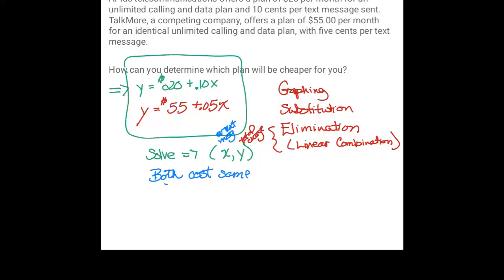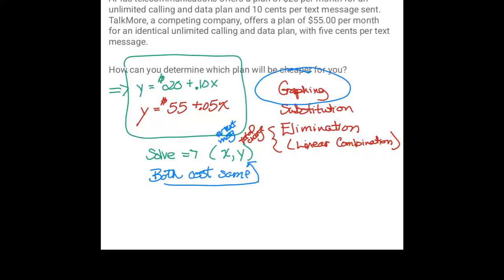That is not helpful to me though, right? That's where they're going to cost the same, where they intersect. So which of these methods do I probably really want to use to see which one's going to be cheaper? Graphing. Yes. Does that make sense now?